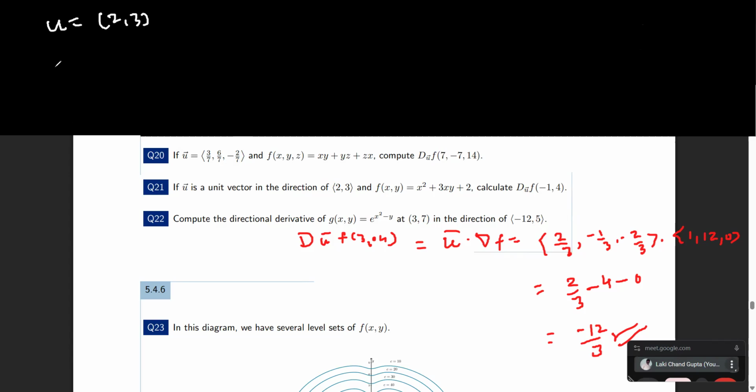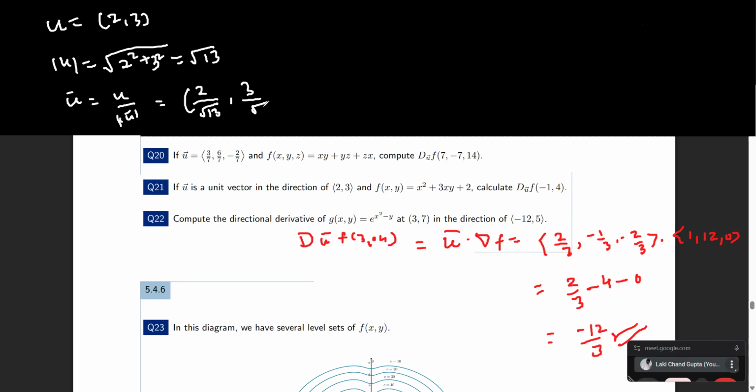So first we find the unit vector. How do you find the unit vector? 2 squared plus 3 squared is what? So the unit vector is what?